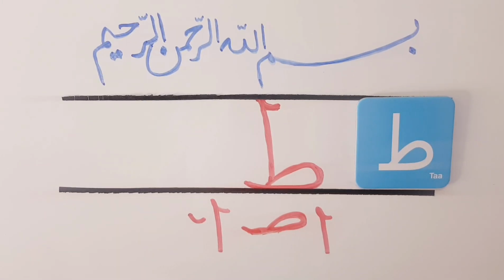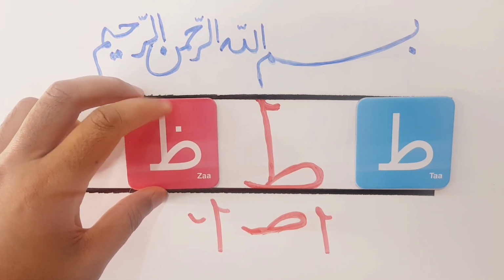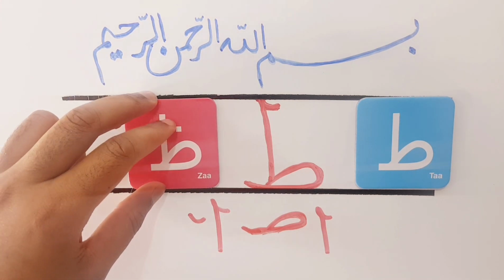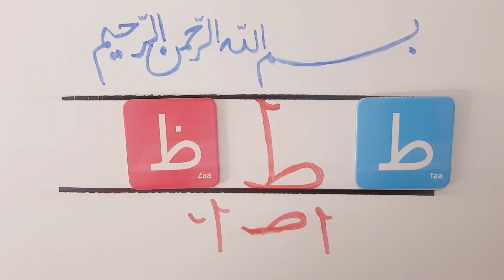The next letter that we're taking is the twin of ta, because it looks exactly the same. The only difference is the addition of the dot. And this letter is called dha. This letter comes from the same place as dhal, which comes from the tip of the tongue when it's placed on the upper front teeth.